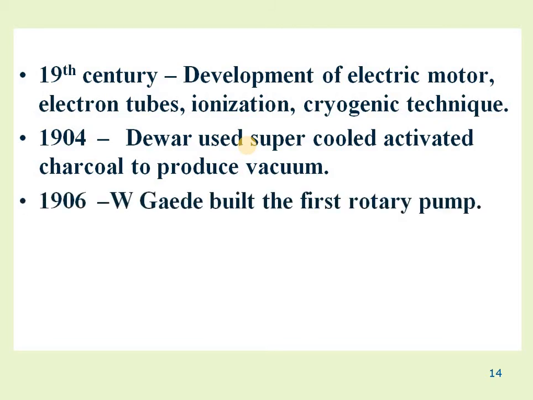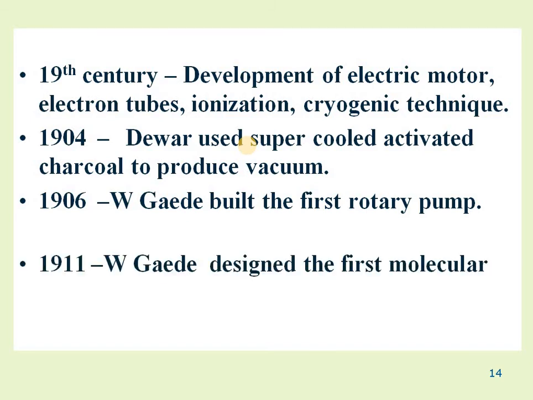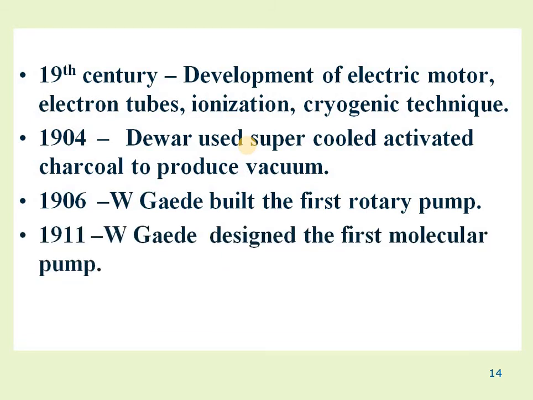In 1906, Wolfgang Gaede built the first rotary pump. That was a very important landmark in vacuum technology. He was a German engineer again. He designed another one in 1911 known as the molecular pump, in which a certain liquid having high molecular weight was used.